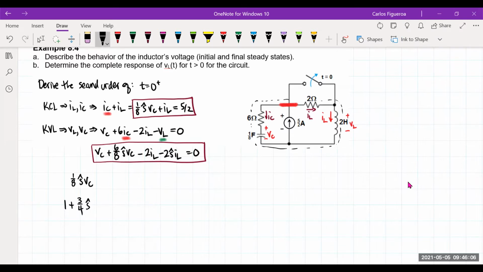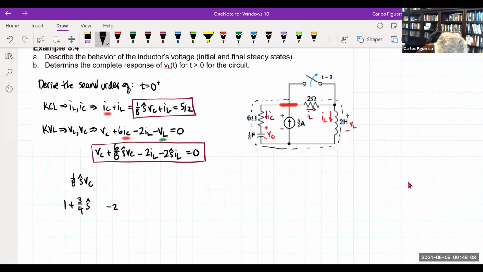My term here should be minus 2, 1 plus S hat. And then I should get 1. There's my operator matrix. And then I get 5/2 and 0.